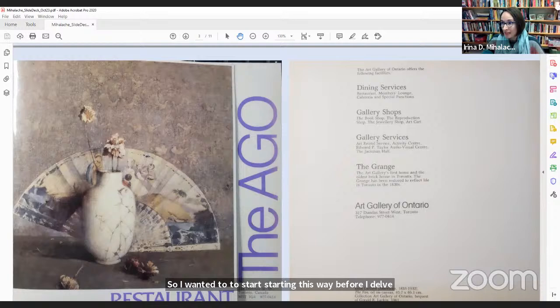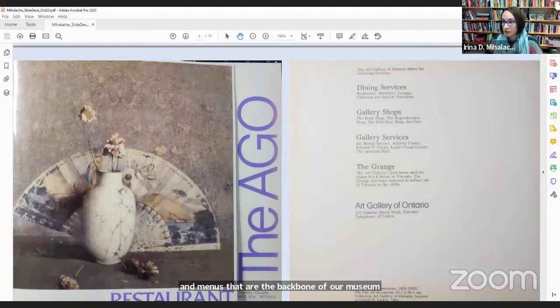In the same way in which art museums develop strategies for looking at art and cultures, they also create expectations around foods through restaurant spaces and menus that are the backbone of art museum restaurants. So in today's talk, I'm focusing on menus from the 1980s from the Art Gallery of Ontario's main restaurant.